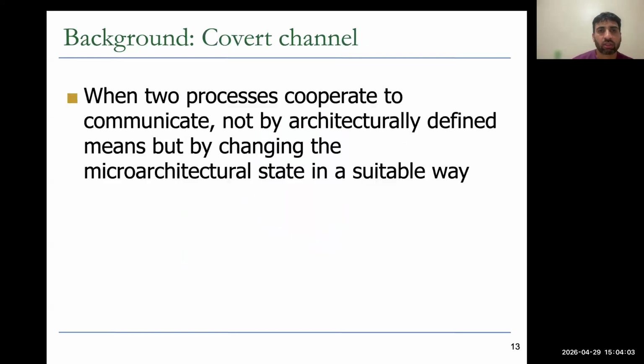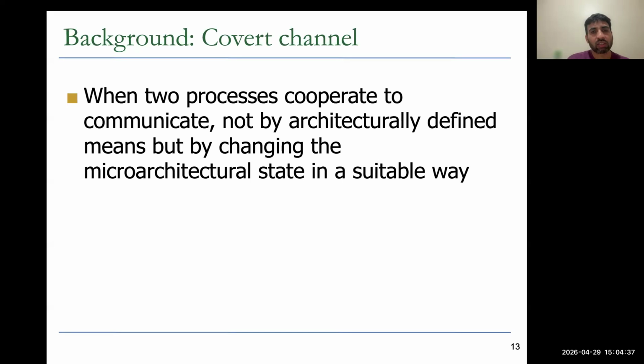Okay, so what is a covert channel? By this time I think we already know what a covert channel is. It is a way through which two processes can communicate with each other, but this way of communication is not architecturally defined, which means that there are some architectural components which are not constructed for the purpose of communication between two processes, but they are abused by two processes to communicate with each other.